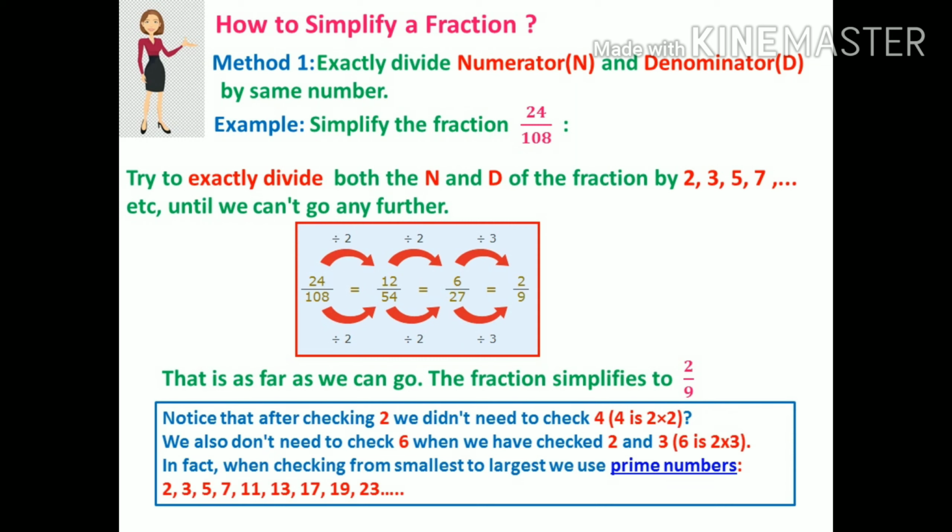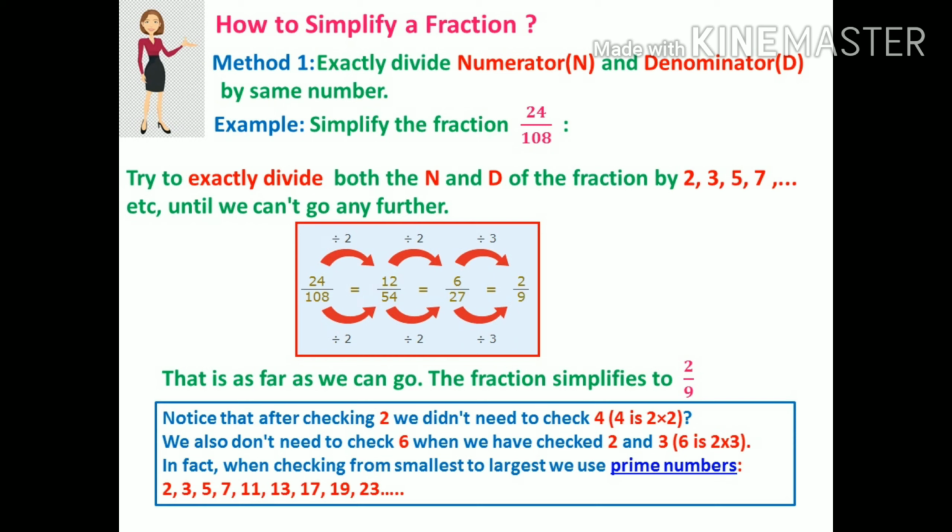What we noticed here, that after checking 2, we did not need to check 4, as 4 is the product of 2 and 2. So if a number is not divisible by 2, it will not be divisible by 4 as well. And we also don't need to check it by 6, as 6 has the divisibility rule that a number is divisible by 6 only if it is divisible by 2 and 3 both.